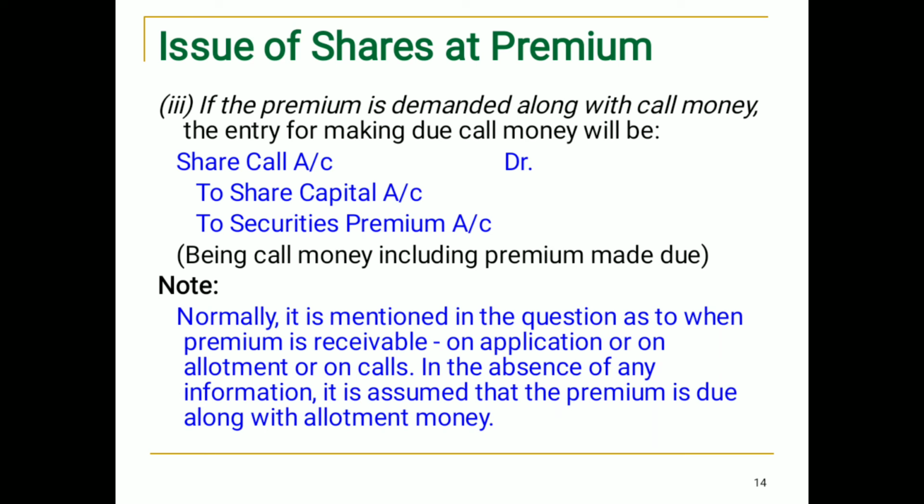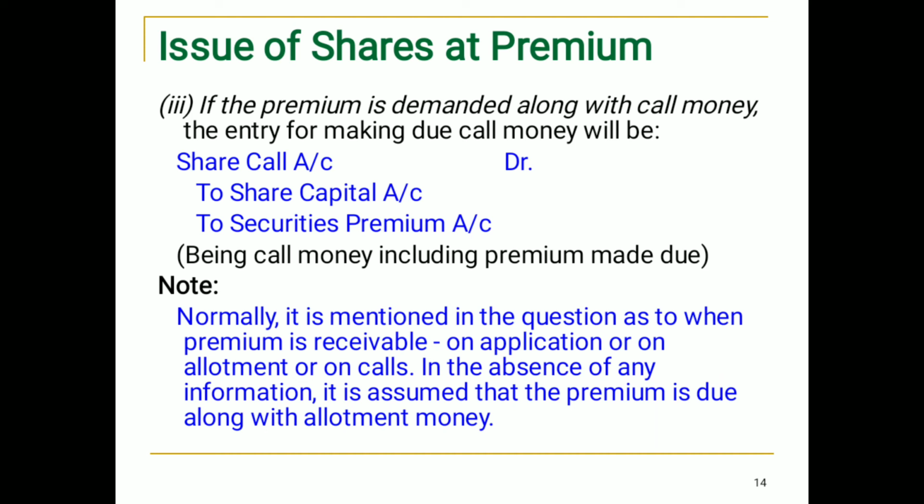So let us read the important note which is given here in the question. They say, normally it is mentioned in the question as to when premium is receivable: on application, on allotment, or on calls.